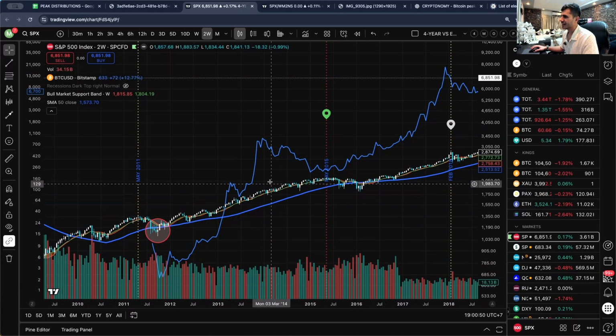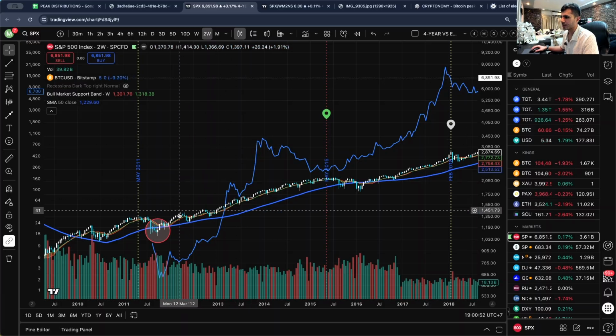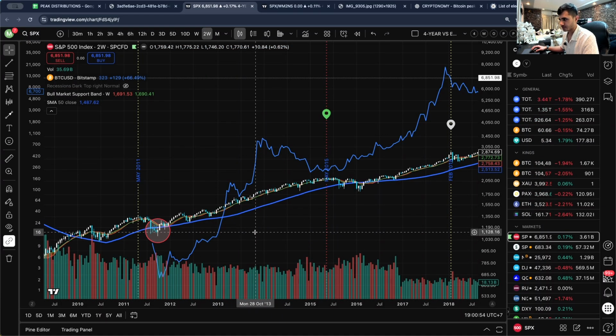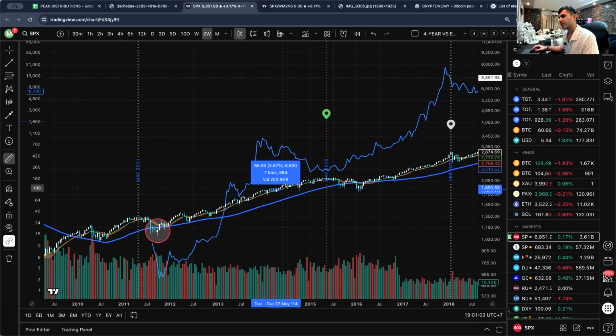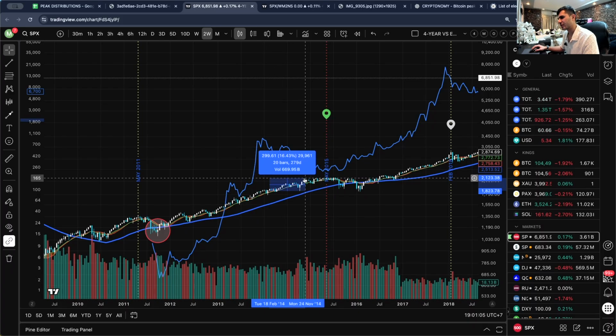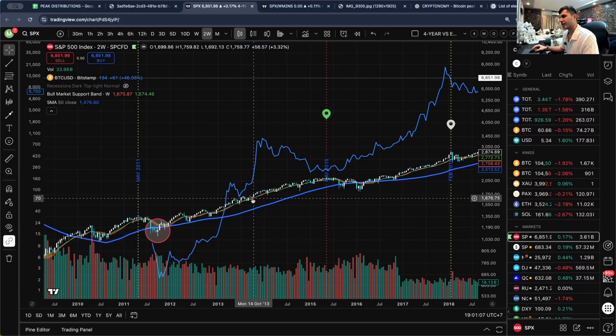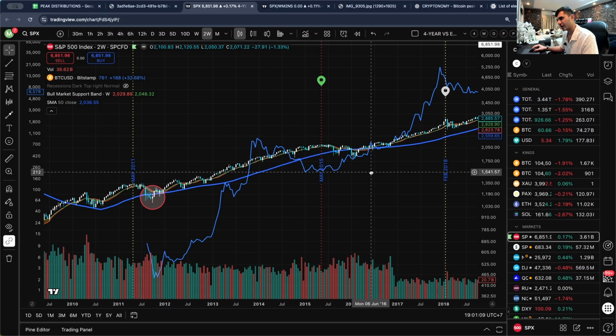All right. So here, I think that blow off top, I believe it wasn't because there was some weakness in the stock market, because the stock market went on to making 16% higher, and for a large elongated time.